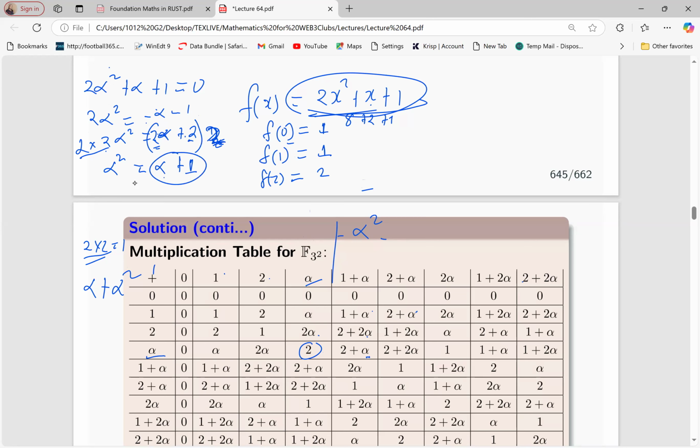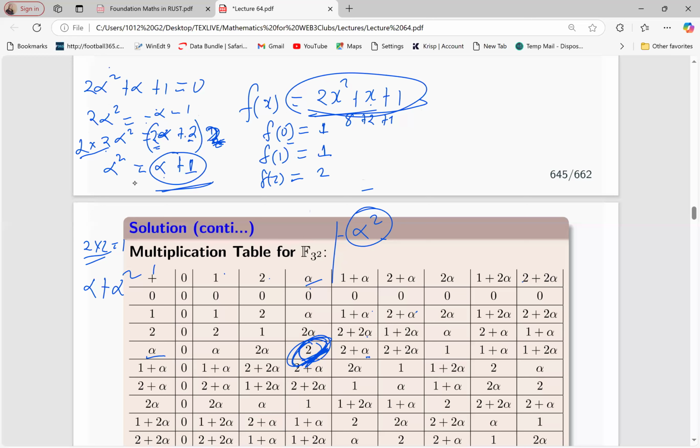So this is what you get, and you just come here and write it there. So instead, our alpha square is alpha plus 1. So here is alpha plus 1.